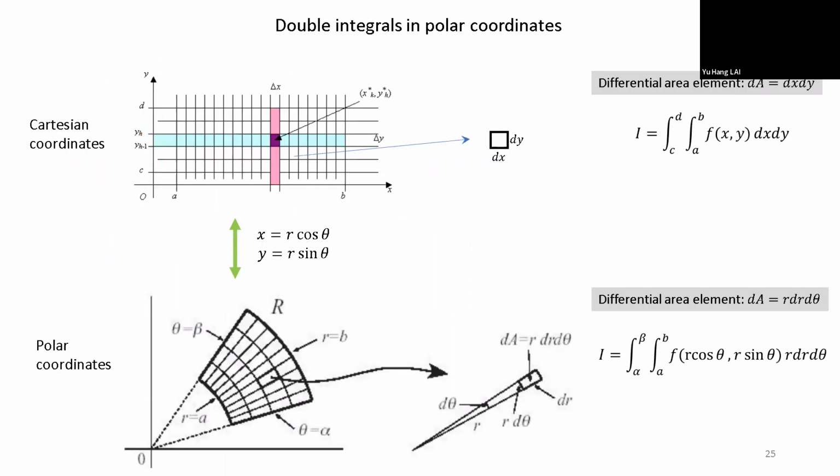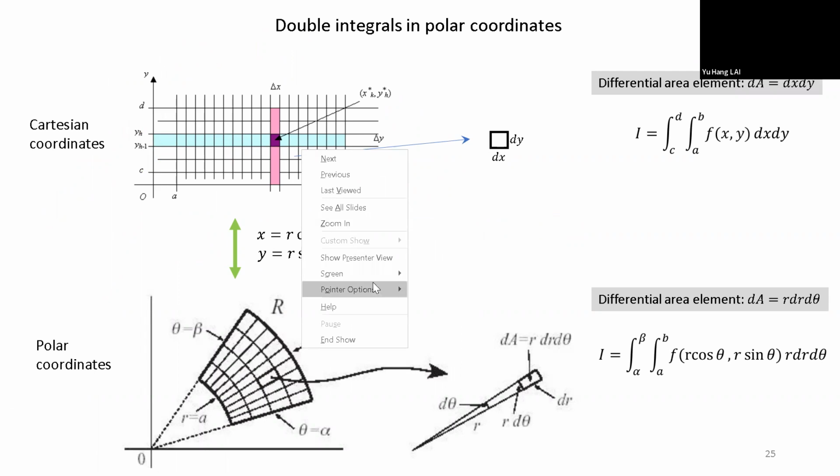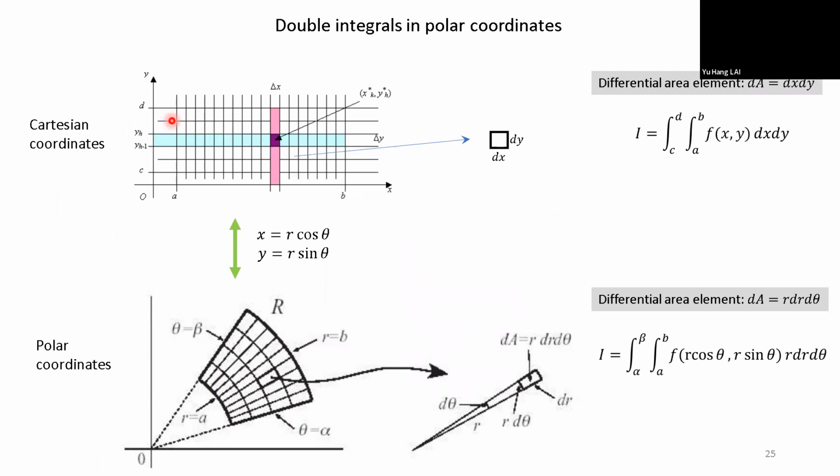Remember when we did Cartesian coordinates, we had this rectangular grid, in which each small section has an area, this dA, which we call the differential area element, given by dx times dy.